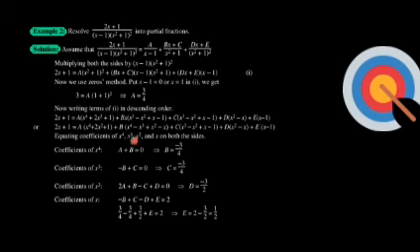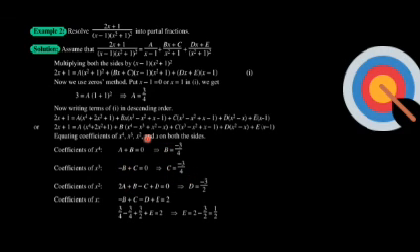Similarly, for the coefficients of x cube, there is no coefficient on the left side, and on the right side we have minus B plus C. So minus B plus C is also equal to 0. This gives a value of C if I put the value of B in this equation. So C is equal to minus 3 by 4.